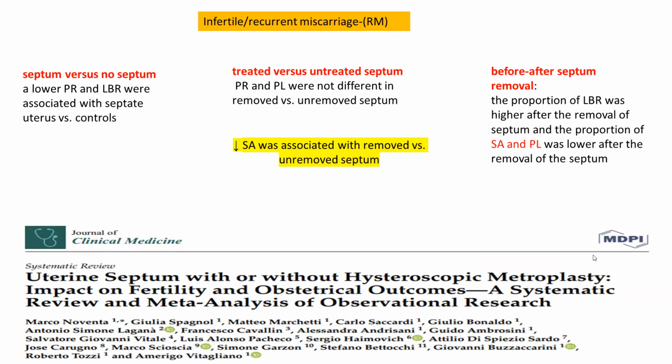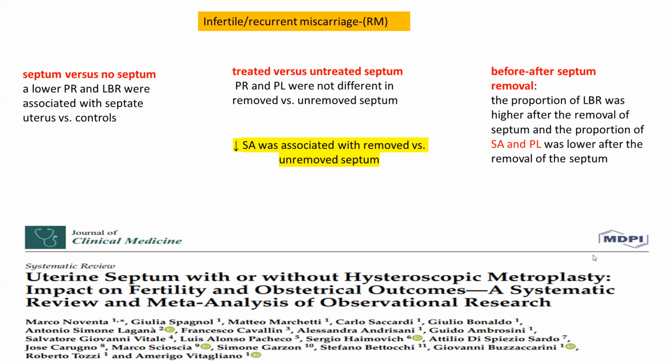And if a patient with septum is treated versus untreated, the pregnancy rate and preterm rate were not different, but the spontaneous abortion rate was lower if she is treated. So treatment is good for her.